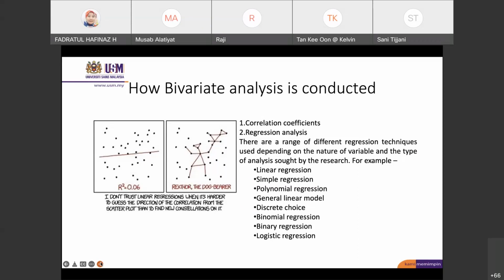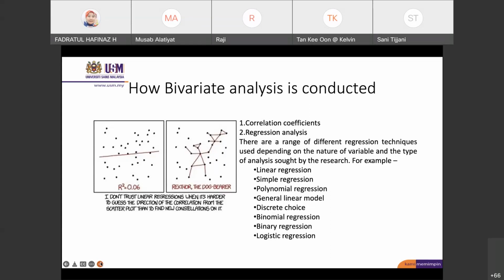It shows the strength as strong or weak correlation and is rated on a scale of -1 to 1, where the value 1 is a perfect direct correlation, while -1 is a perfect inverse correlation, and 0 means there is no correlation. All right. So the second one is the regression analysis.